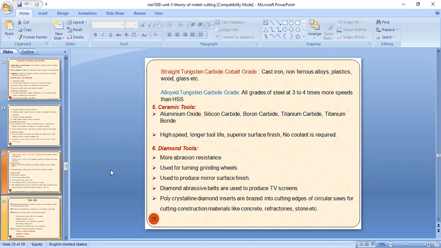Because mu is equal to tan beta, and beta is the shear angle, and all the angles we have discussed for the single point cutting tool, that is the rake angle. What is the rake angle? Sometimes even in GATE or in the JNT exam, they will ask problems regarding what the rake angle is, what the shear angle is from the problem, and we'll discuss that after discussing Merchant's model.